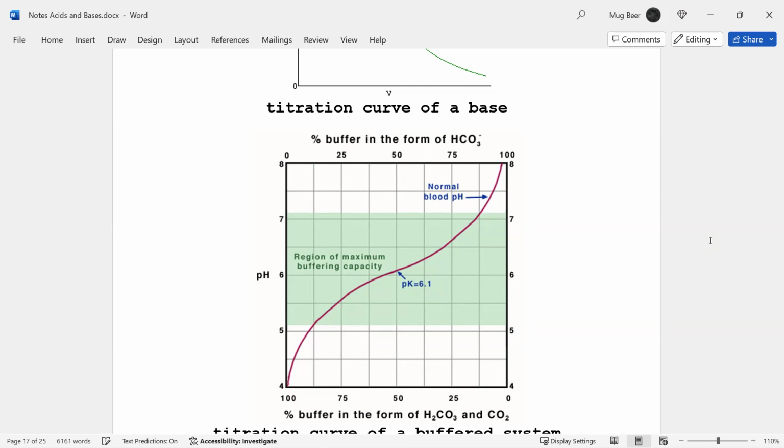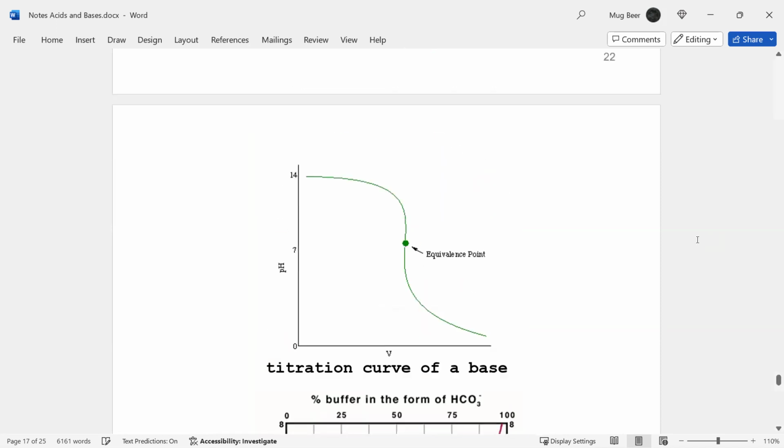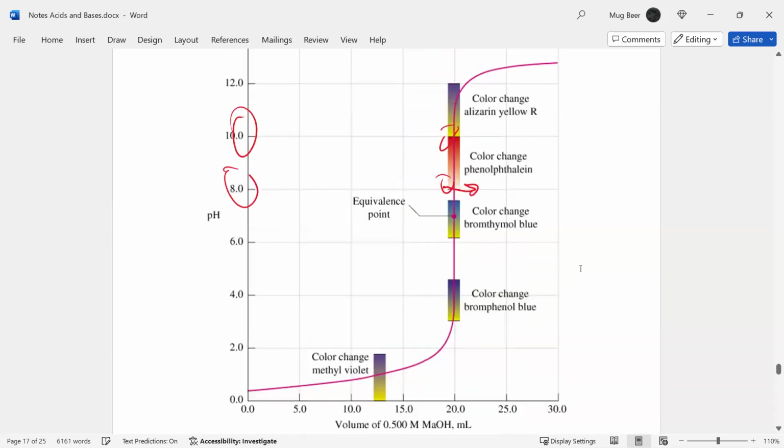My titration curve used to be like this. What does it mean when it's like this? Well, look at the x-axis. Let's talk about that question I had before. How much volume does it take to go from 8 to 10 on this curve? Almost nothing.